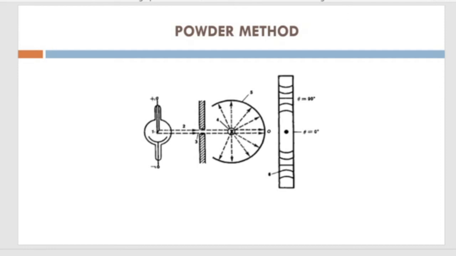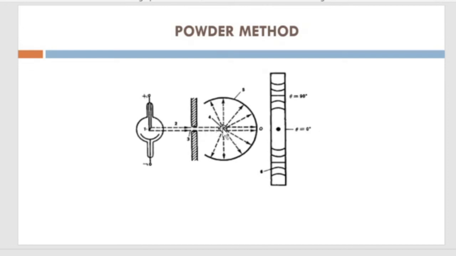Whenever the X-ray tube produces the monochromatic X-rays, a narrow beam of monochromatic X-rays is allowed to fall on the capillary tube. When the X-rays fall on it, they diffract in all possible directions whenever they obey the diffraction condition, 2d sin theta equals n lambda.